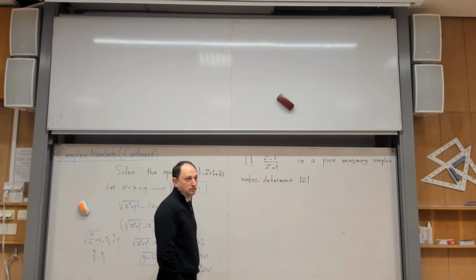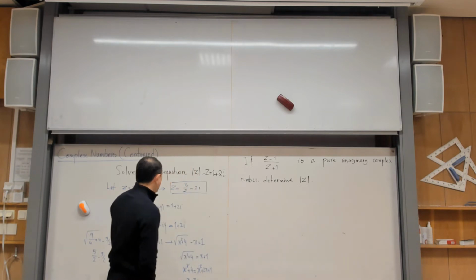Yes? I do as before. I replace z with x plus yi, but now I subtract 1 and I get a new complex number. So I get a new real part and the same imaginary part. And then I use the division formula. So my question is, how many of you tried this method? So she said, I did the same.